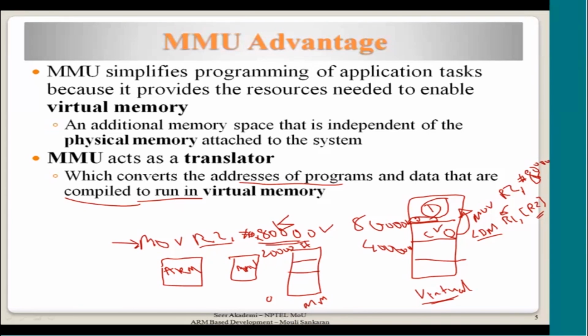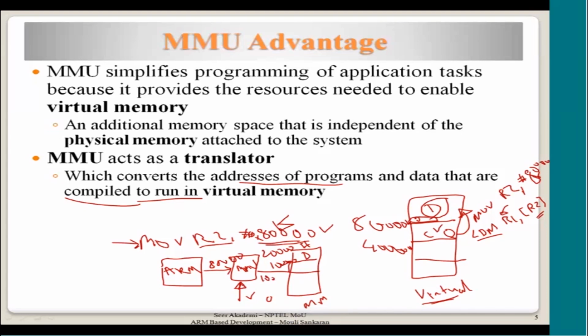It is still possible because we have an MMU, and if as a system programmer you have taken care of configuring the MMU properly, then whenever the program generates 80,000, it may refer to, assume, data starting at 10,000 hex. Whenever 80,000 comes, you want the MMU to generate 10,000.